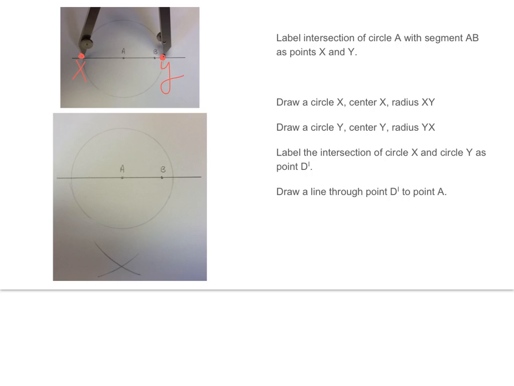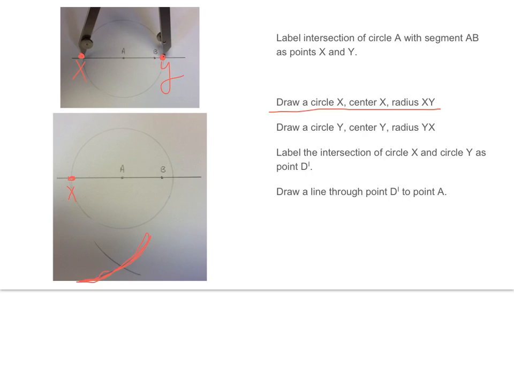Then we're going to draw a circle X, center X, radius XY. So here's X. I did this circle right here. I didn't draw the whole circle, but I have circle X, center X, radius XY.